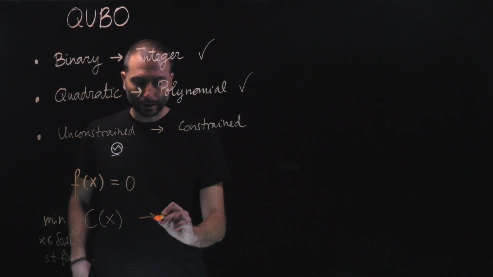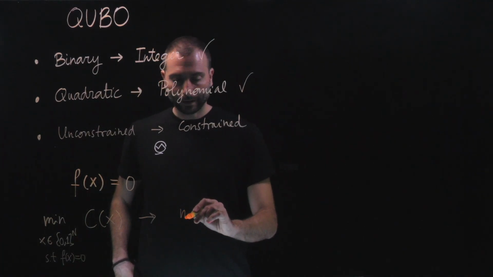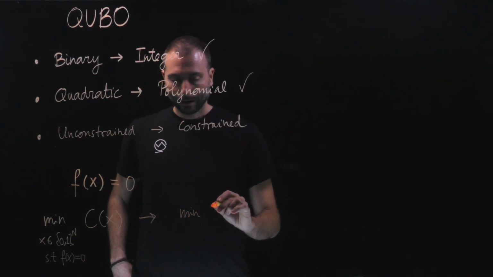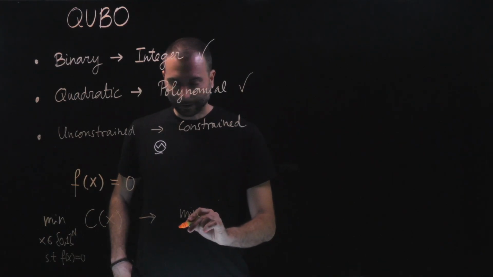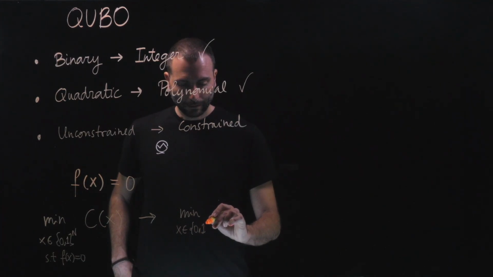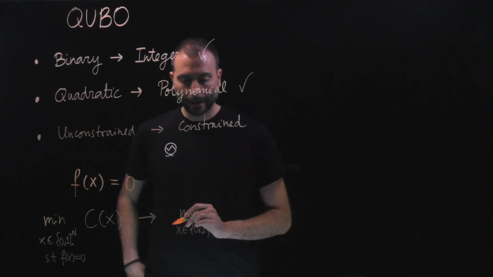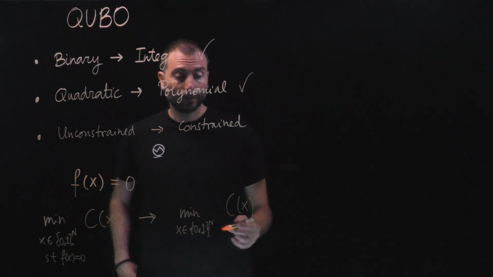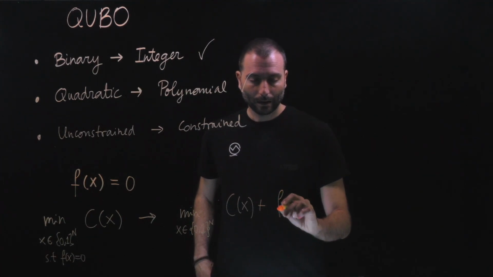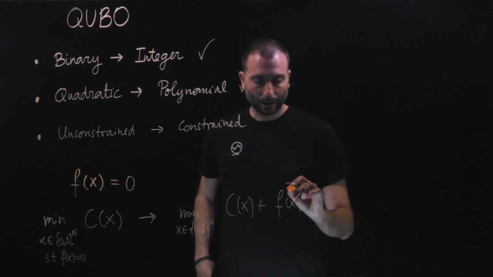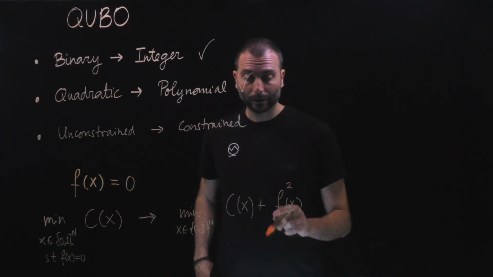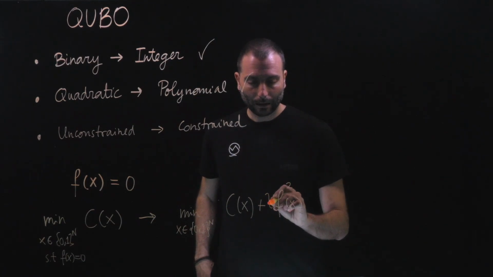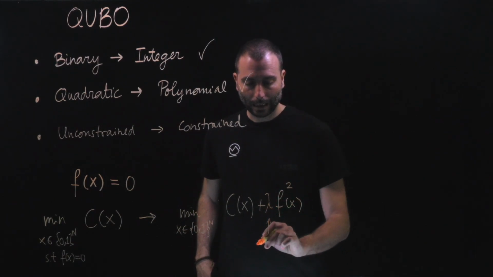So one way of doing this is simply performing the minimization over all the strings of length n. And now we add a penalty term. We make this function squared in order to be sure that it's positive. And here we can add a coupling, which is called a Lagrange multiplier.